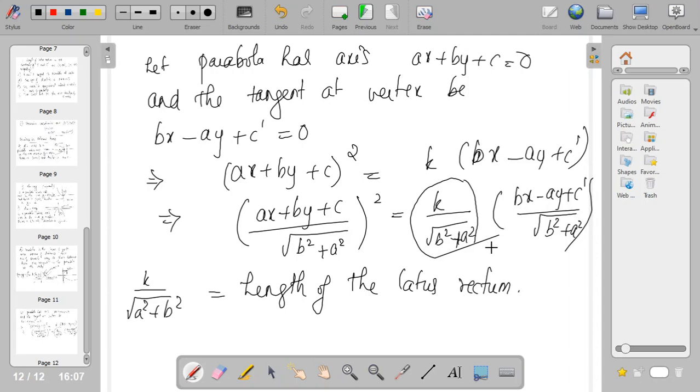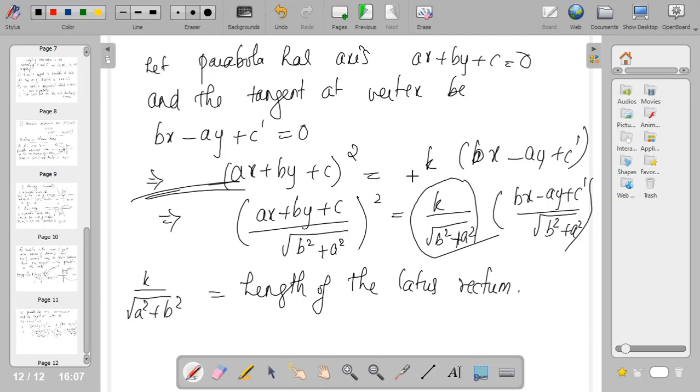So from these two lines and the length of the latus rectum you can find the equation of the parabola: ax plus by plus c whole square equal to k times bx minus ay plus c dash.